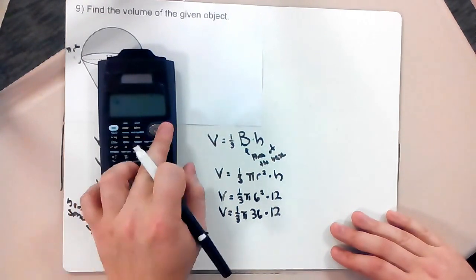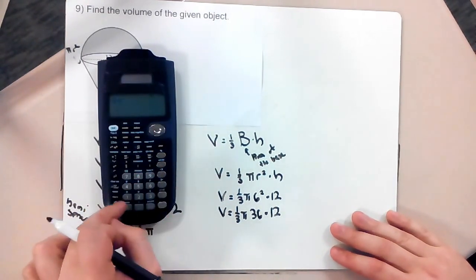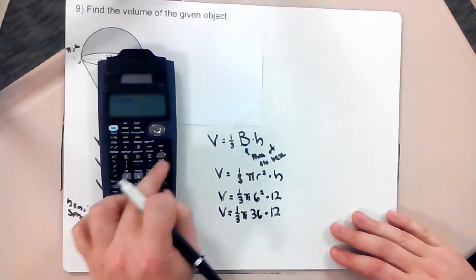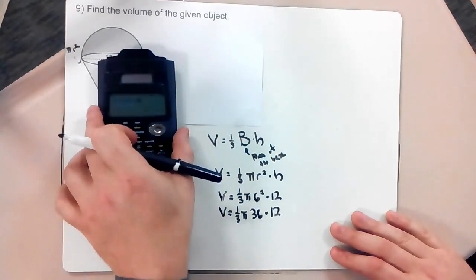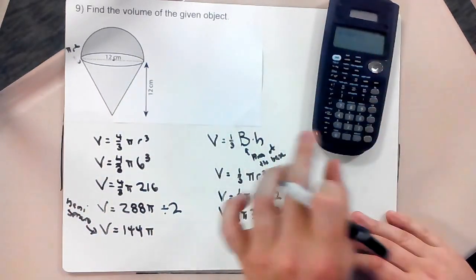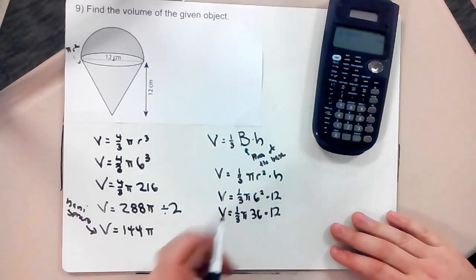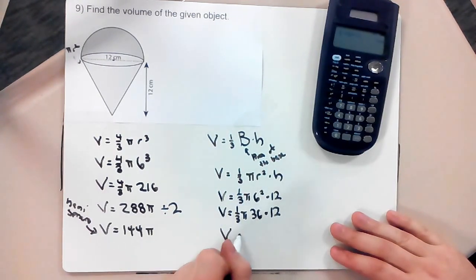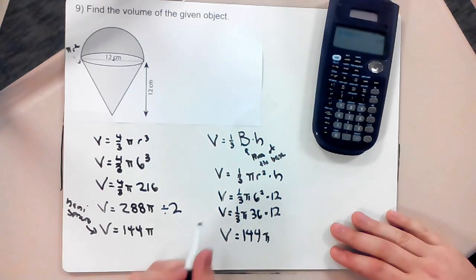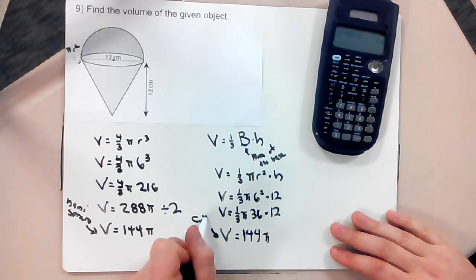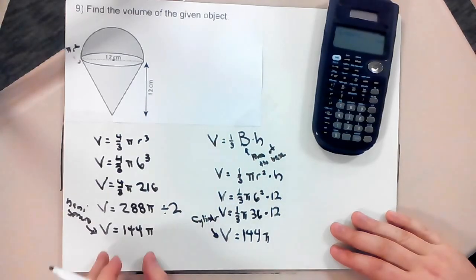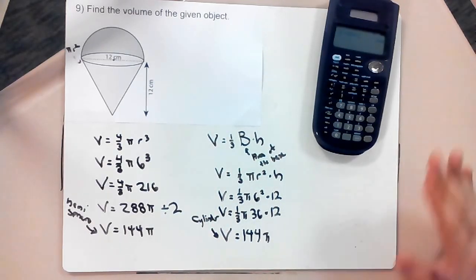Come on. There we go. Times 36 times 12. And just as I mentioned in the other videos, the pi comes along for the ride. That's all we're worried about. This also comes out to be 144 pi. So this is the cone. It is just coincidental that they both came out the same way.